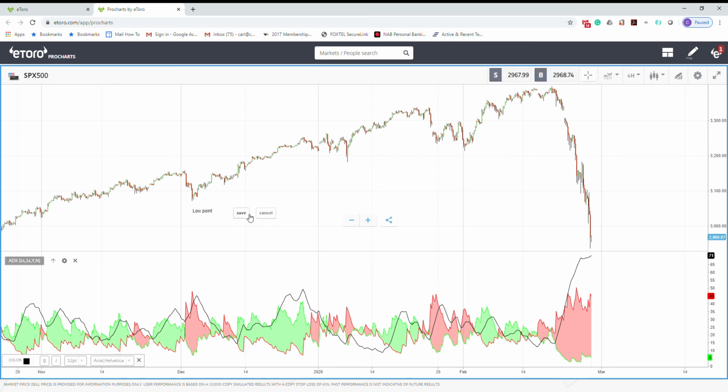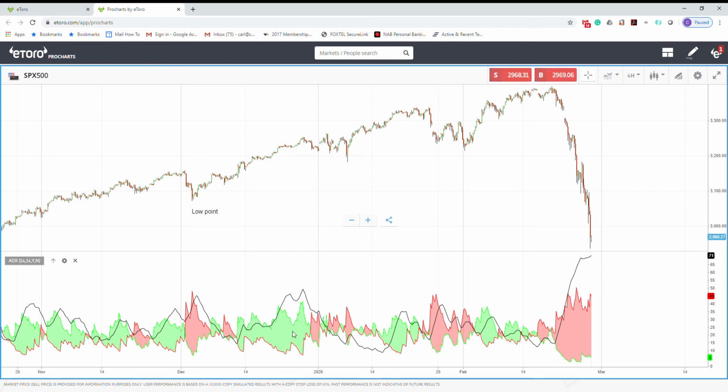So here we have a low point. Based on this indicator, we could have opened a buy position, and as you can see, price goes up, up, up, up, up. Okay, so it works.